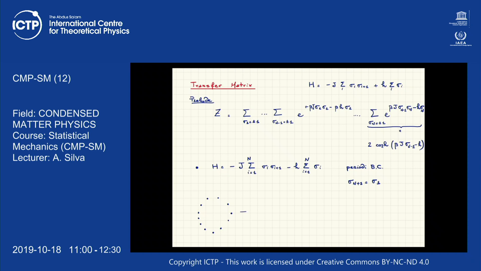And now the question is, okay, so what do I do with this Ising model now? Well, I want to compute the partition function, so let us write the partition function as the sum over sigma 1 equal to plus or minus 1, etc., sum over sigma n equal to plus or minus 1 of e to the beta j sigma 1 sigma 2, etc., e to the beta h sigma 1, etc. Okay?